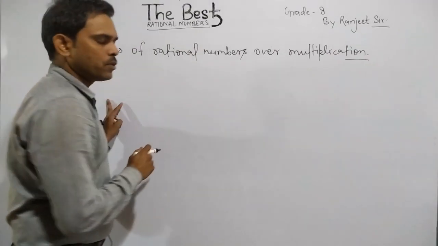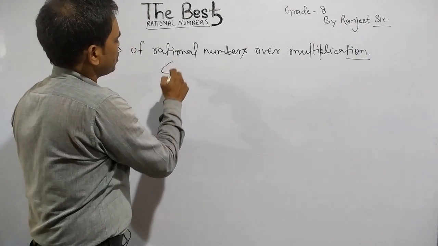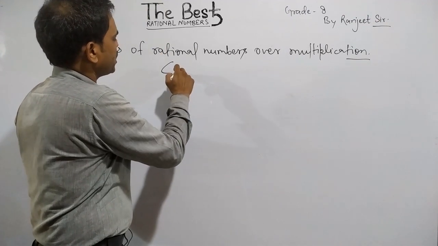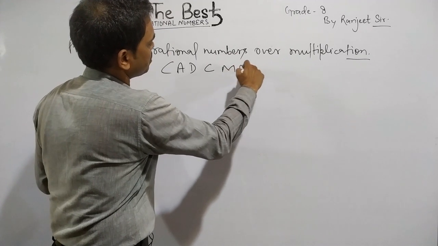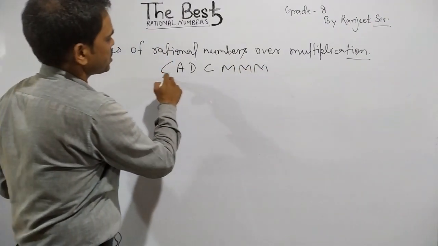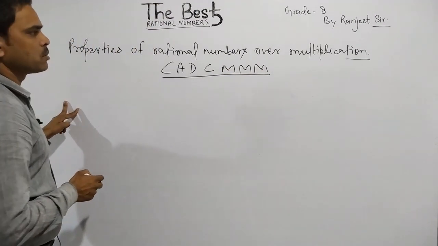For this also, when you see the previous video made on this topic, you will find a trick there. It was CAD C triple M. So once again here I'll try to discuss all these 7 properties over multiplication.